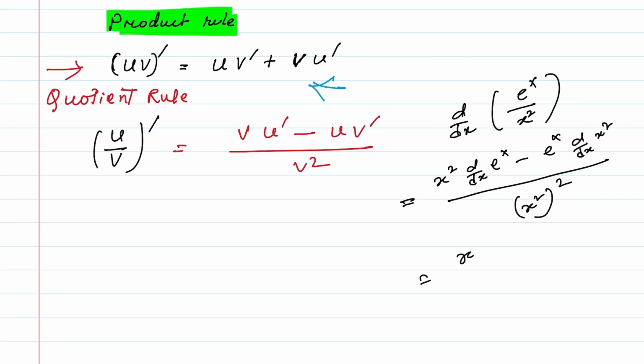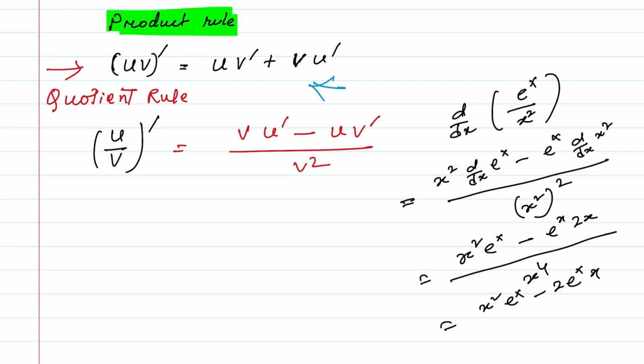So x square and the derivative of e to the power x is simply e to the power x, minus e to the power x, and the derivative of x square is twice x, then here x to the power 4, so it equals twice e to the power x by x to the power 4. That's how we can differentiate. In that case we need to use this quotient rule. So hope you have understood this.